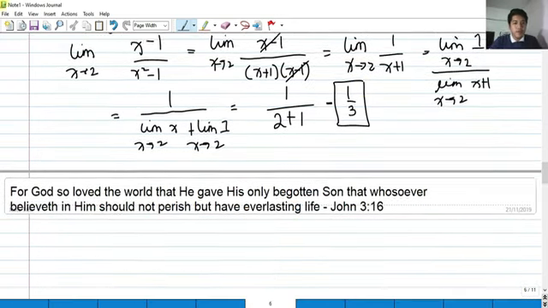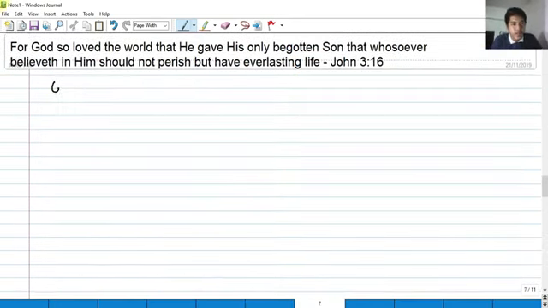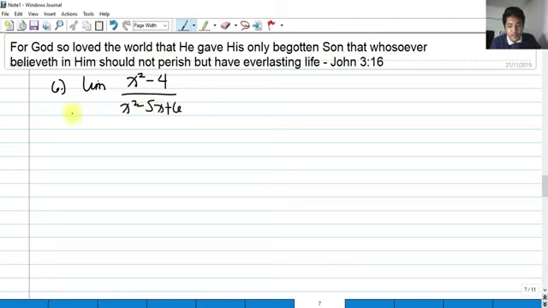So for our next problem, for number 6, we can solve the limit of x squared minus 4 over x squared minus 5x plus 6, as x approaches positive 2. Okay? So, it's easier to evaluate the limit.